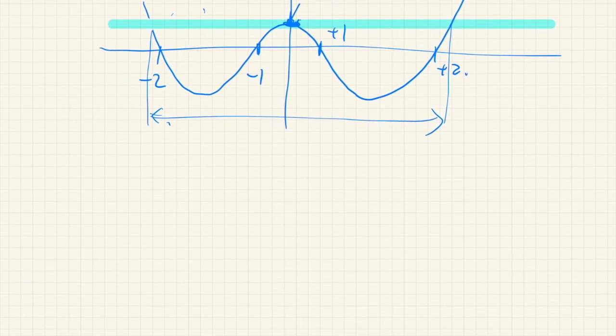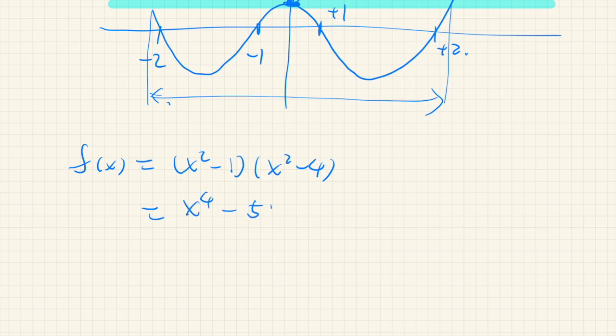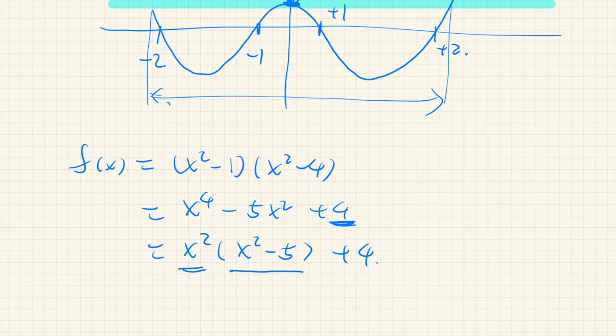To do that, maybe it's useful if we rearrange this function a little bit. If we expand this, we have x to the power of 4 minus 5x squared plus 4. So this plus 4 is the local maximum value when x is equal to 0. Let's factorize this as x squared times x squared minus 5, and plus 4. x squared is always positive or 0, and this one becomes negative.